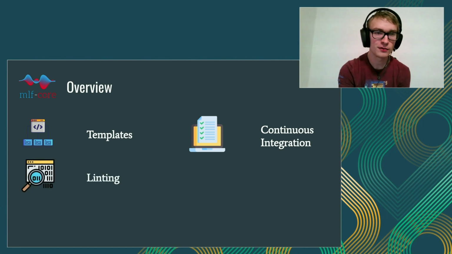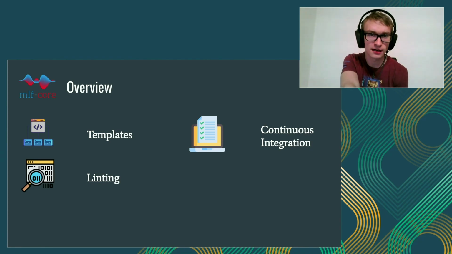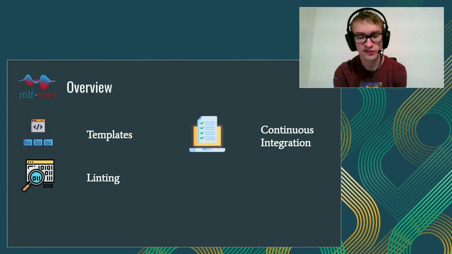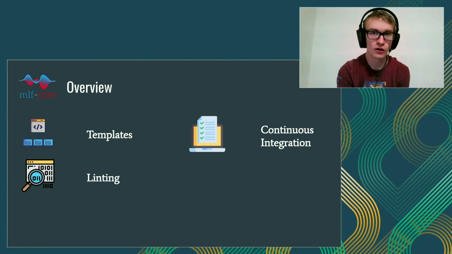Thirdly, mlf-core implements a custom linter. We will discuss this linter a little bit later again, but it will statically analyze the code to verify that it adheres to all of the mlf-core standards. And of course, as you can imagine, one of the mlf-core standards is that your code, your model, is always deterministic at any time.